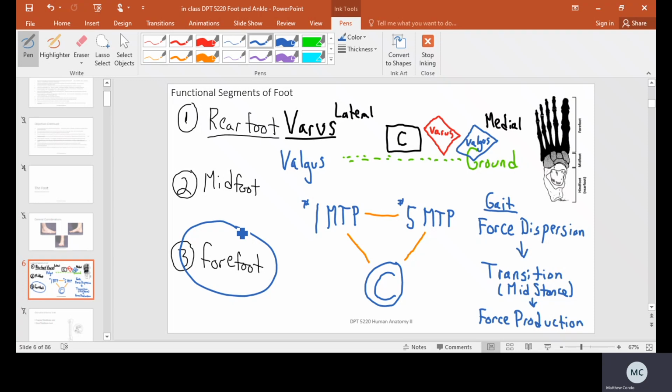So give it a shot. Rear foot varus, forefoot valgus. Who's having a tough time doing rear foot varus and forefoot valgus? It's a pain. It's a real pain.